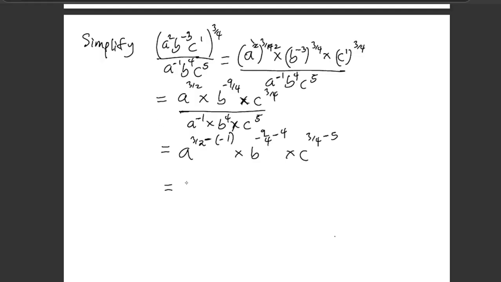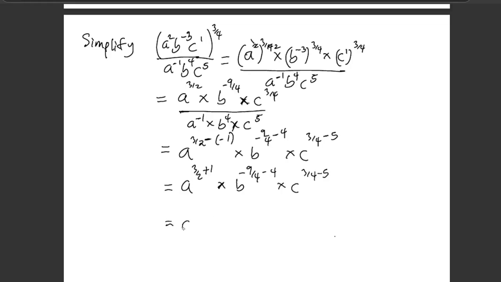So now simplify a to the power 3 over 2. Minus becomes plus, 3 over 2 plus 1, times b to the power minus 9 over 4 minus 4, times c to the power 3 over 4 minus 5.